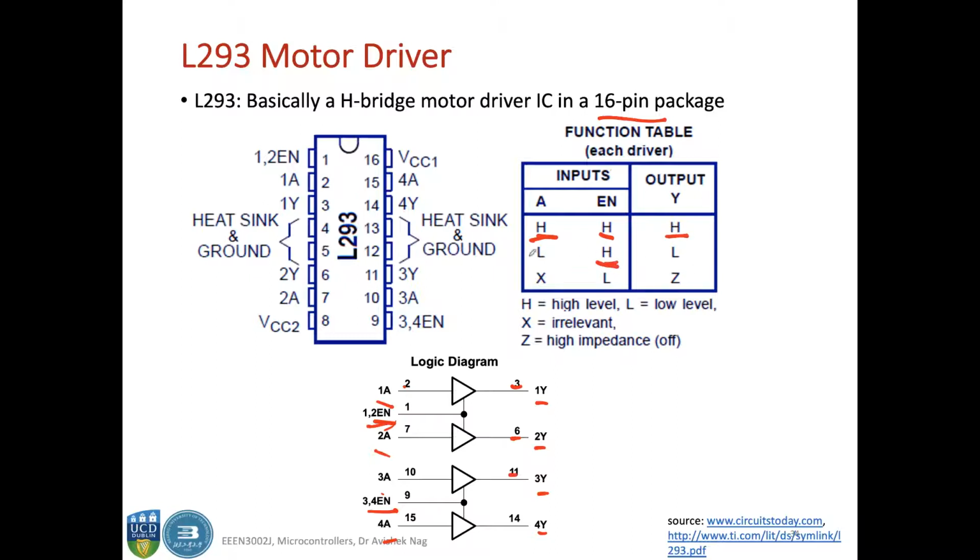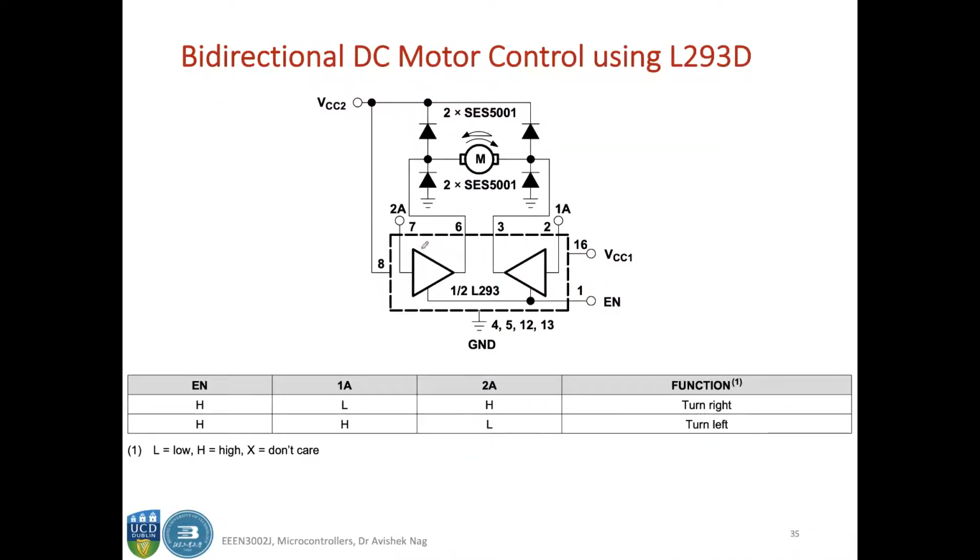If your enable is high and input is low, then you have a low output. If your enable is low, then whatever be the input, the output is a high impedance state or an off state.